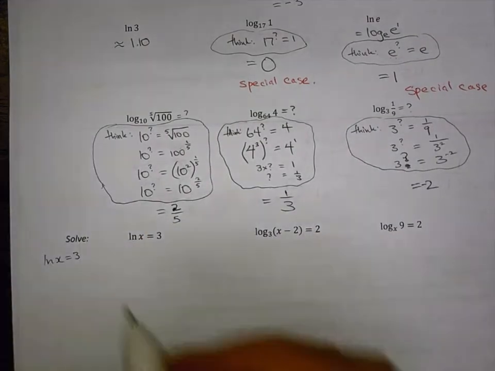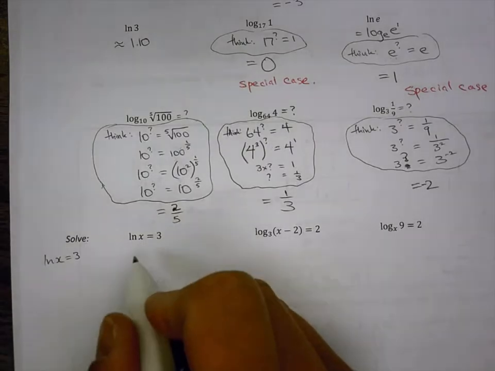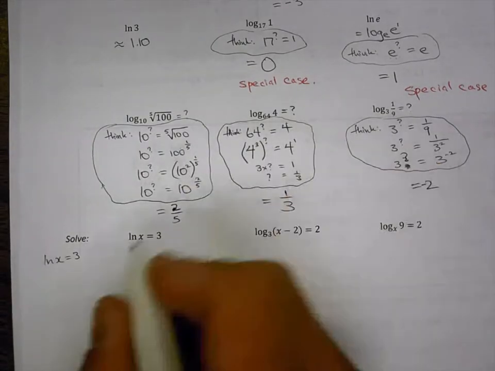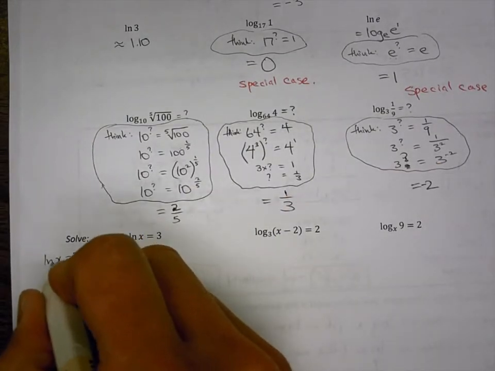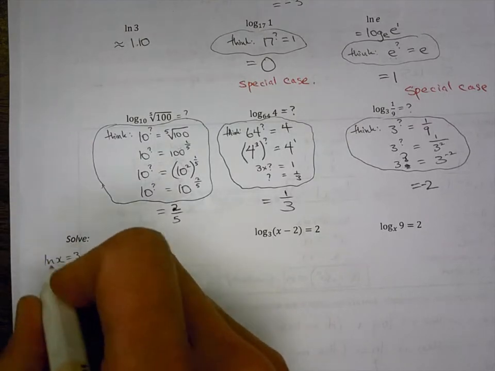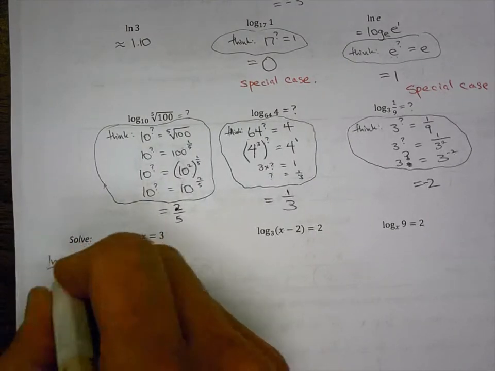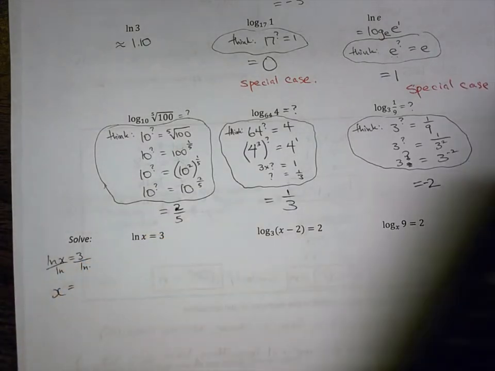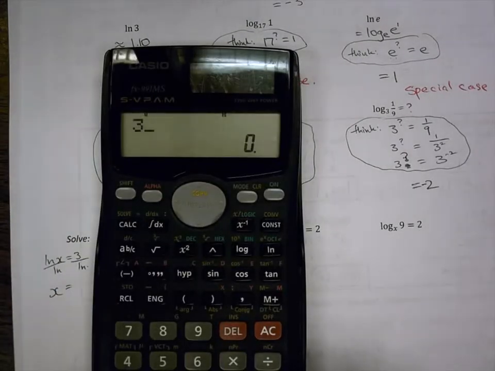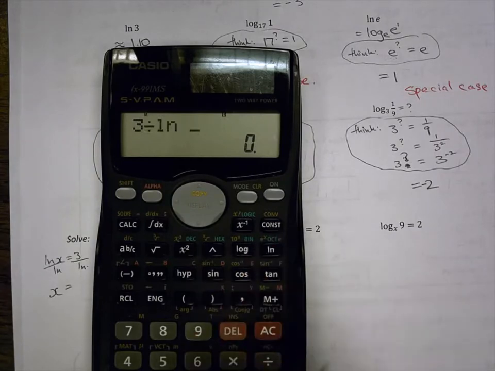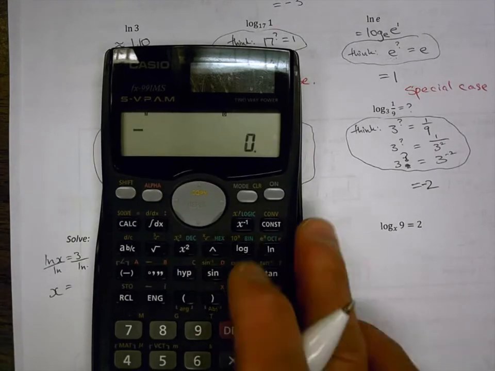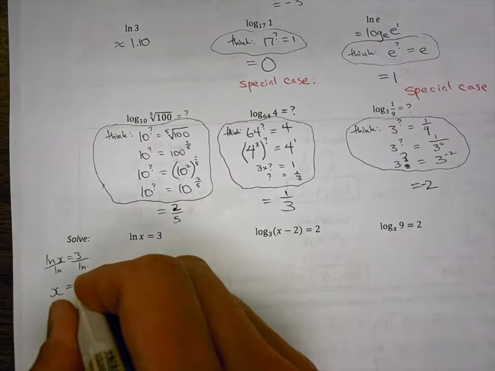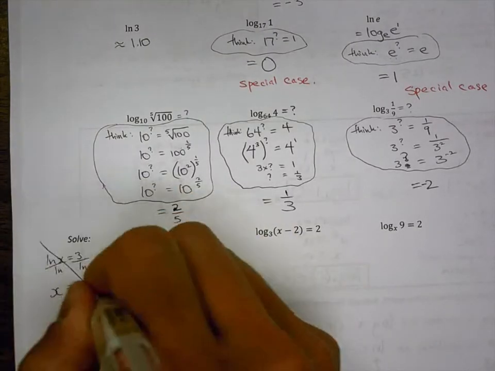Okay, so what I see often when students get to this, you get this expression, you're like, oh, okay, well, I want to figure out what x is. I'm going to just divide both sides by ln. So x is equal to 3 divided by ln, say ln 1. And they just type in random things like that into their calculator. And so this is not what we're allowed to do.